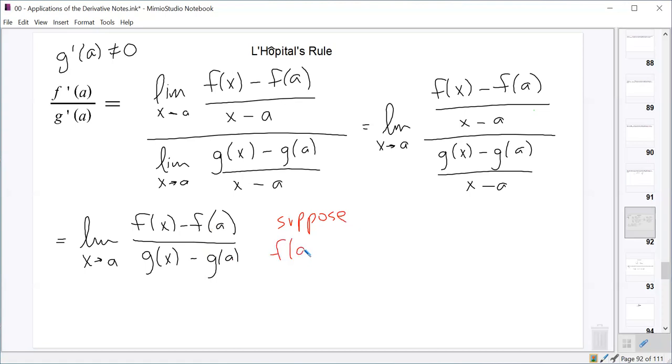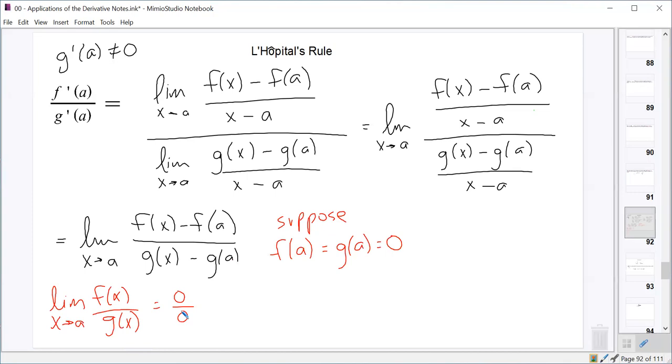And so what we're actually going to do here is we're just going to say, suppose f of A is equal to g of A is equal to 0. Well, if f of A and g of A are both equal to 0, then that would tell us, if we were looking originally at a limit as x approached A of f of x over g of x, well, that'd be f of A over g of A, which would be an indeterminate limit of the form 0 over 0.